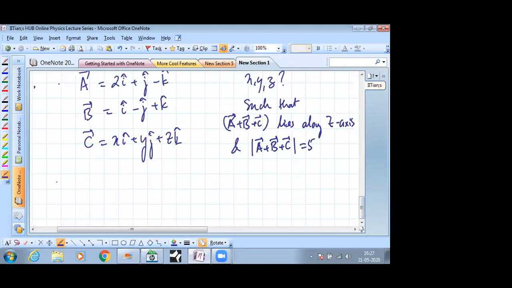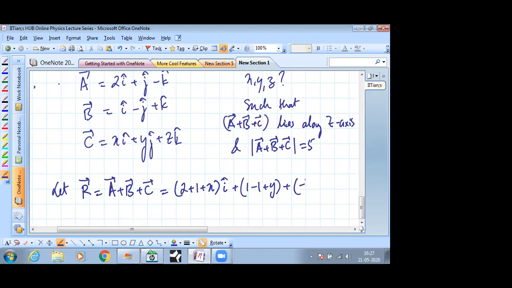We'll denote the sum of a plus b plus c as the resultant vector R. Calculate this in component form: the sum of the x components, that is 2 plus 1 plus x, plus the y components, 1 minus 1 plus y, plus the z components, minus 1 plus 1 plus the unknown quantity z k cap.